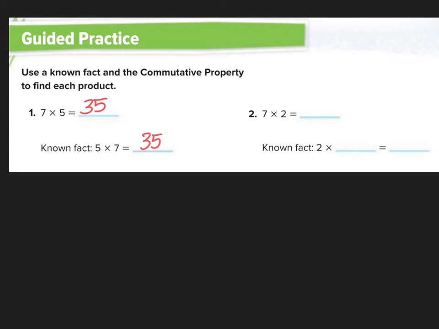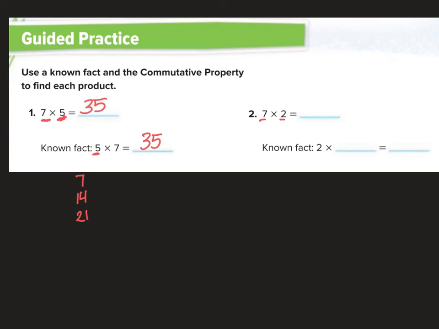Sometimes kids think, because the 7 came first, I have to count by 7s. 7, 14, 21, right? That's trickier than counting by fives. So the point that this is getting at is just because the 7 comes first does not mean you have to count by sevens. You could look at this as also 5 sevens, right? Because 5 sevens is the same as 7 fives, same amount, right?